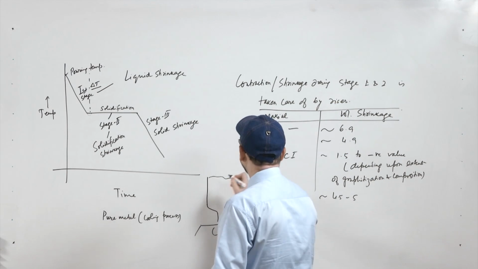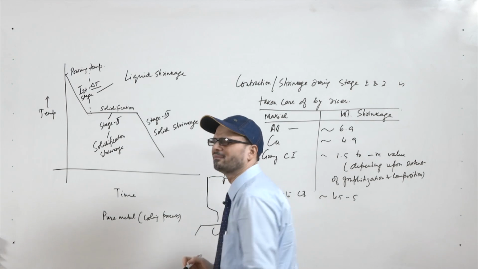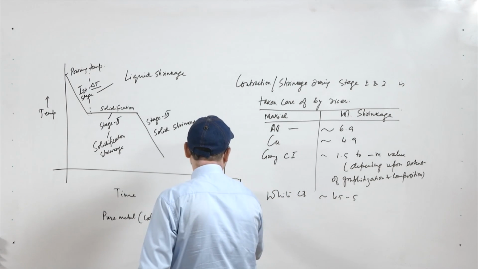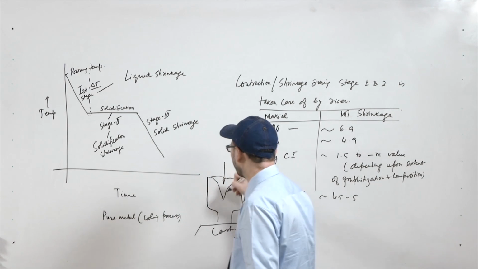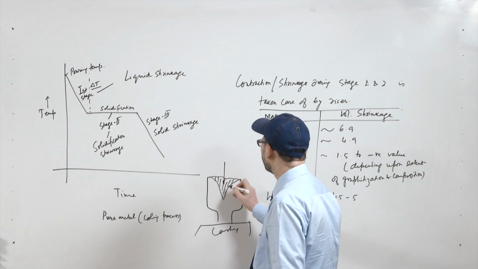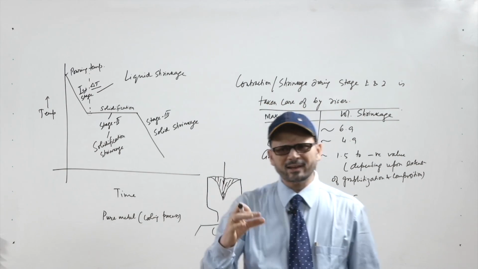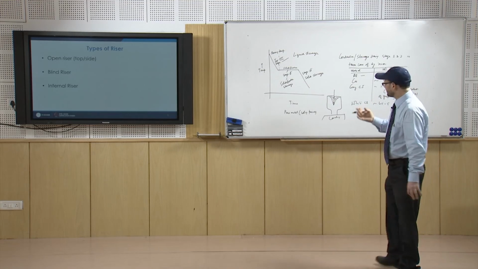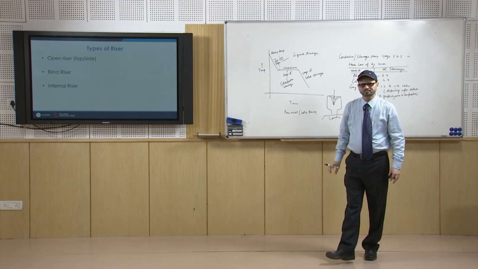Now, when the liquid metal is getting the pressure from the top and also because of the gravity force, the metal is supplied and it goes like this. So, this much metal is fed. This is the amount of shrinkage which is occurring inside the casting, and this much metal is supplied by the riser to the casting.